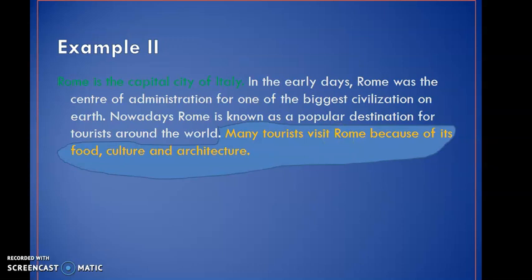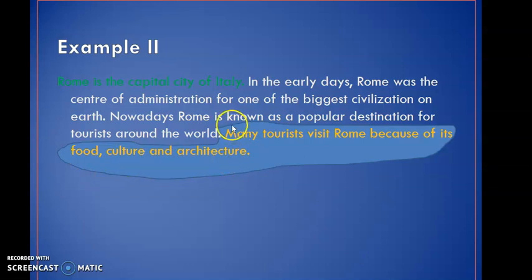Why do I say thesis statement is like a guide for the readers? This is because when you read the thesis statement, you can see that the essay, the text, will be talking about the reason why many tourists visit Rome. How many reasons are there? Three. Food, culture, and architecture.